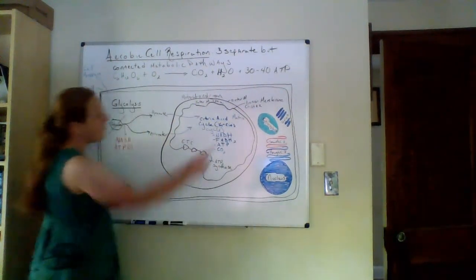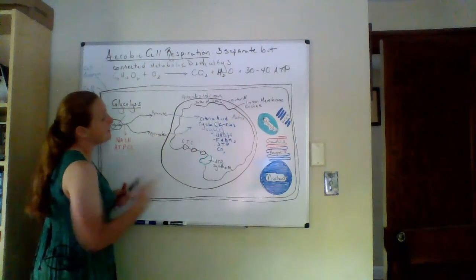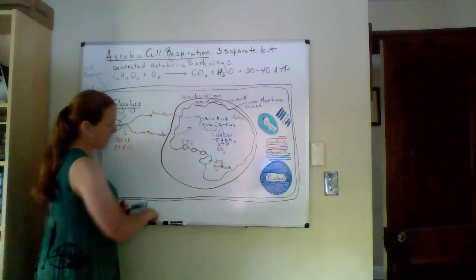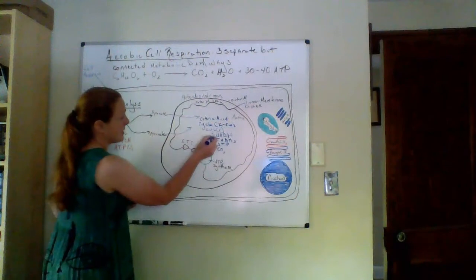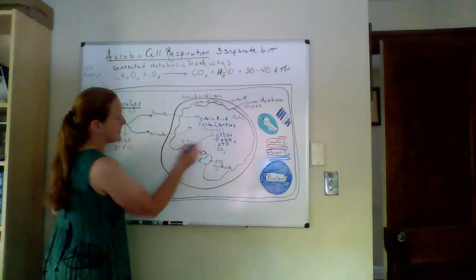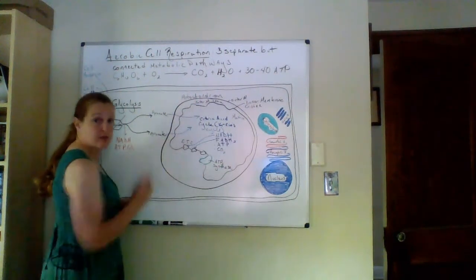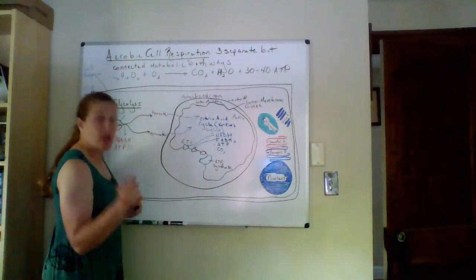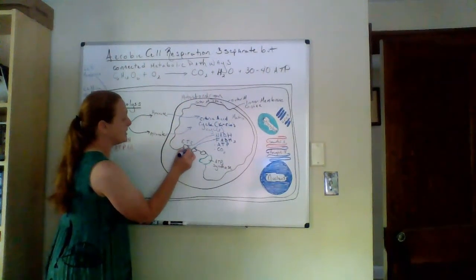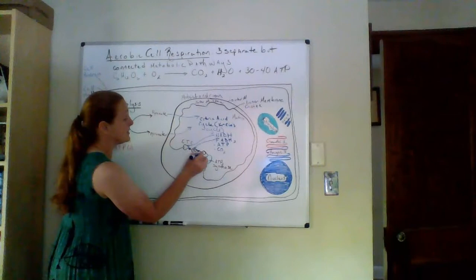So what happens is we have NAD and FAD energy molecules, and what these proteins of our electron transport chain are going to do is they're going to break off those hydrogens. When they break off the hydrogen, they're going to release little electrons. I'm going to draw my little electrons as blue blobs here.